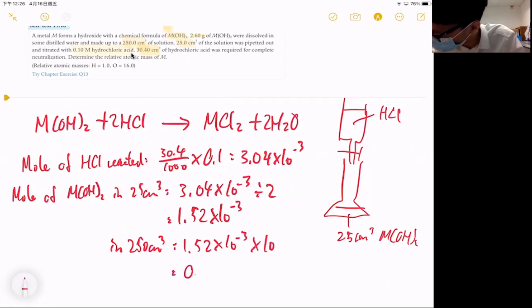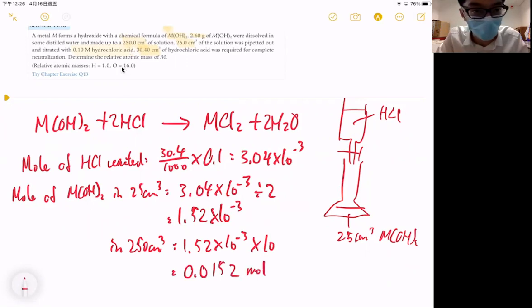And you will get 0.0152 moles of metal hydroxide inside 250 cm cube. And finally, the number of moles of metal hydroxide in the 2.86 gram will be equal to the number of moles inside 250 cm cube, right? Because we just directly dissolve this compound into 250 cm cube. So the number of moles should be the same.